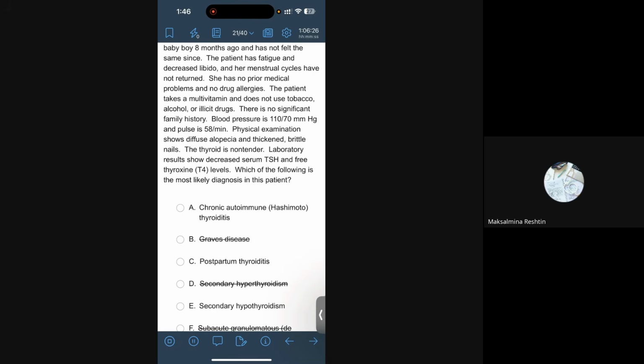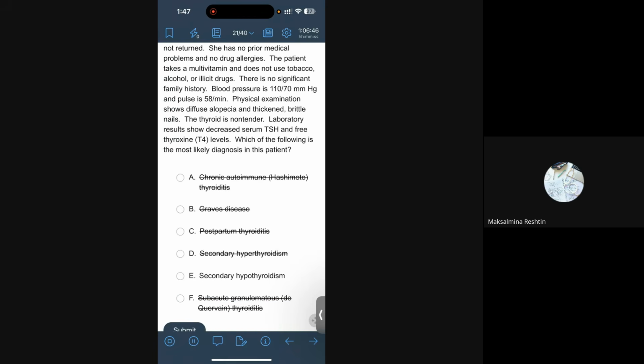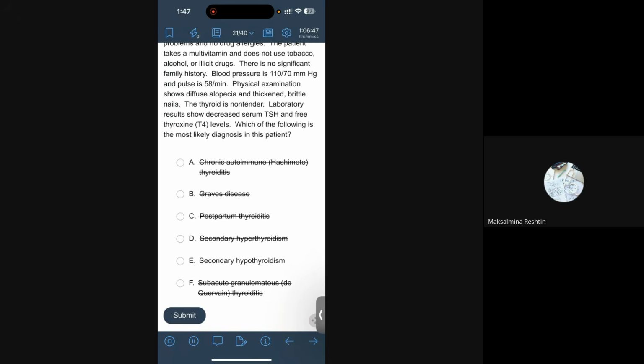They will increase, because the normal response of the pituitary to low thyroid hormone is to increase the TSH. But in this case, the TSH is also low. That means the diagnosis cannot be A or C. The diagnosis is secondary hypothyroidism. The main pathology is not in the thyroid gland, but in the pituitary gland.